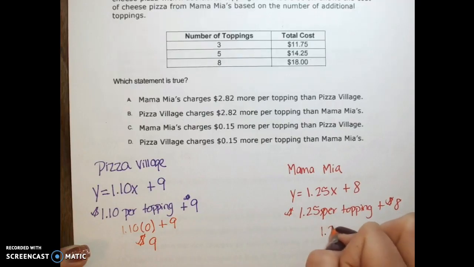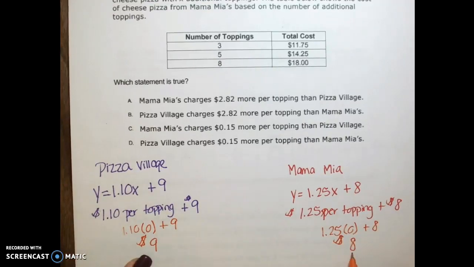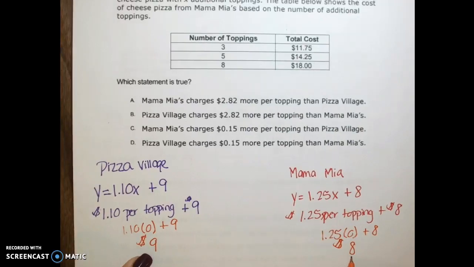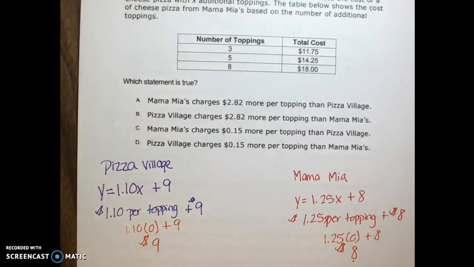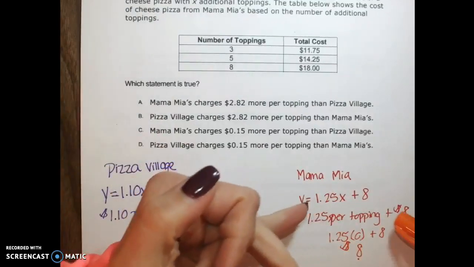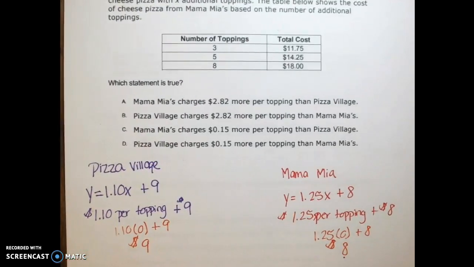Okay, if you do 1.25 times 0 toppings, and add $8, you're left with $8. So here's your base cost for basically a cheese pizza. Okay, and then you're going to add on the $1.10 in this case, and $1.25 in this case for each additional topping that you want.